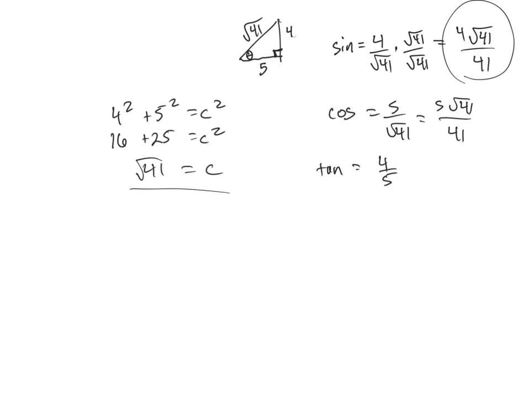Next, cosecant is the hypotenuse, root 41, over 4. Secant is root 41 over 5. And then our cotangent is 5 over 4. And that is how we would find the other functions given what we have already done.